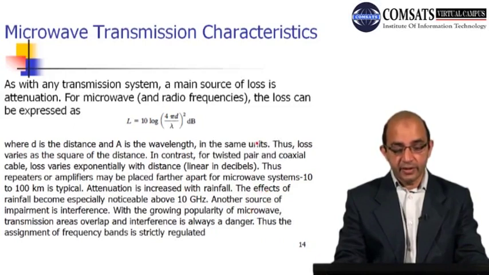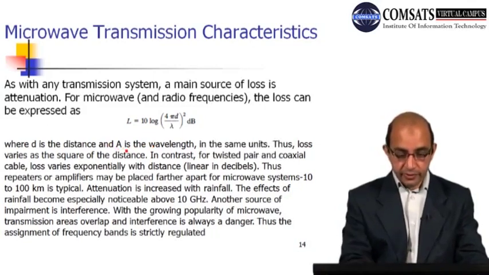L is the loss, 10 log (4 pi d over lambda) whole squared, and that loss is expressed in dBs, where d is the distance and lambda is the wavelength. So let me correct.